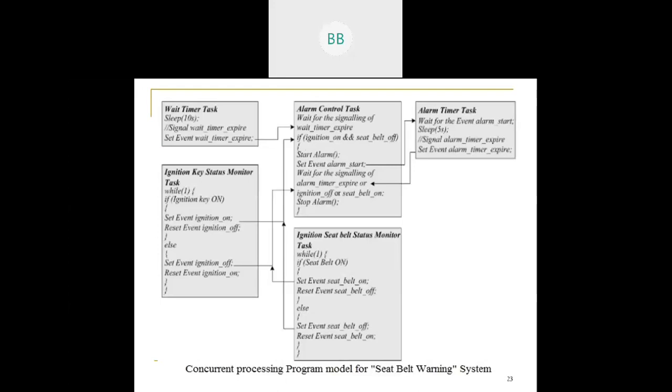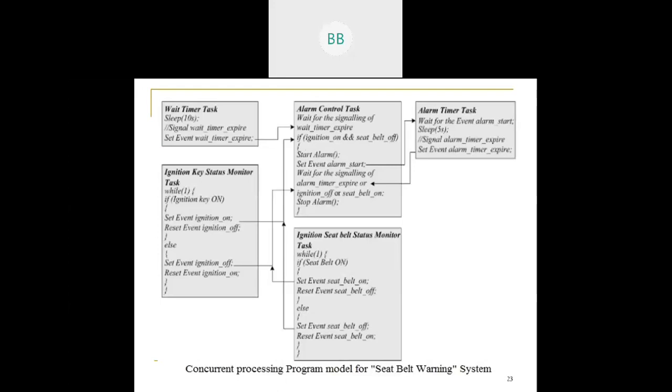The events ignition on and ignition off are set and reset respectively when the ignition key status is off. Similarly, the events ignition on and ignition off are reset and set respectively when the ignition key status is on, by the ignition key status monitoring task.